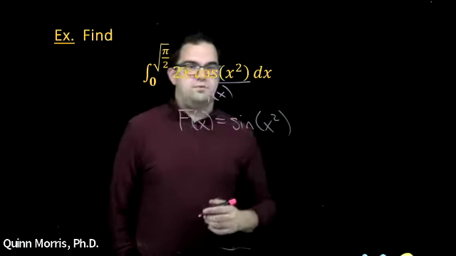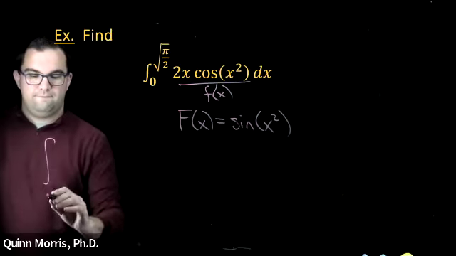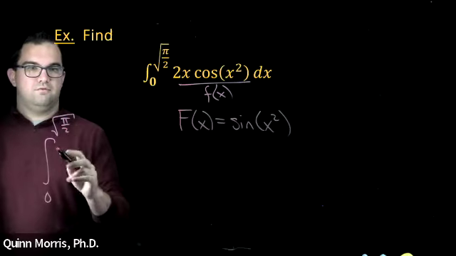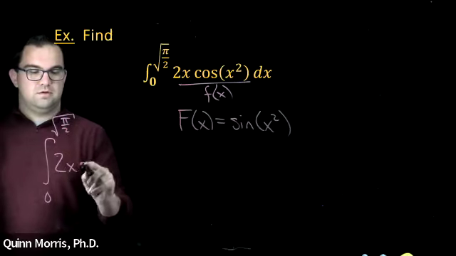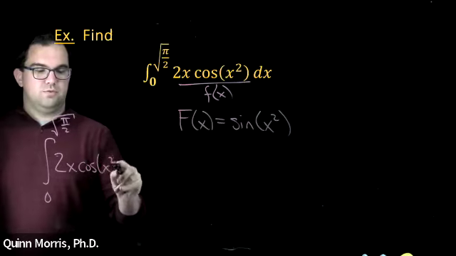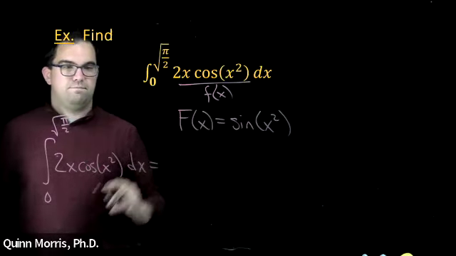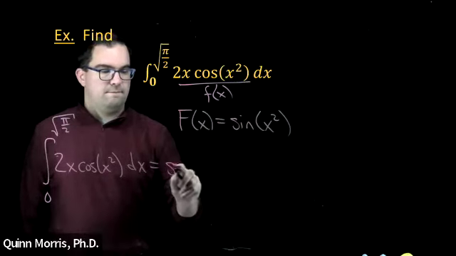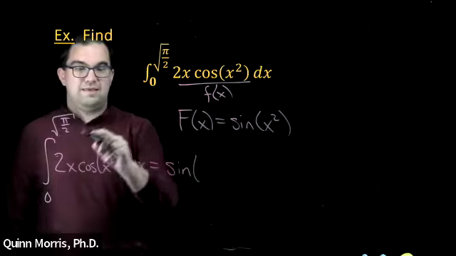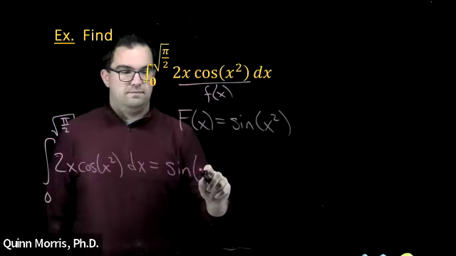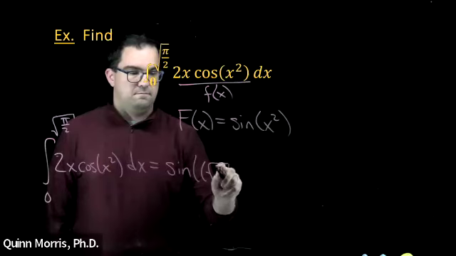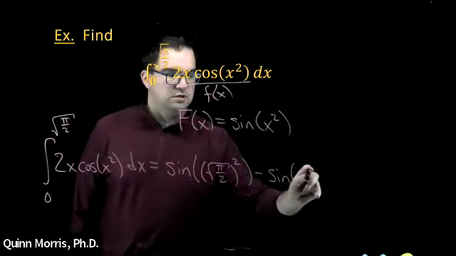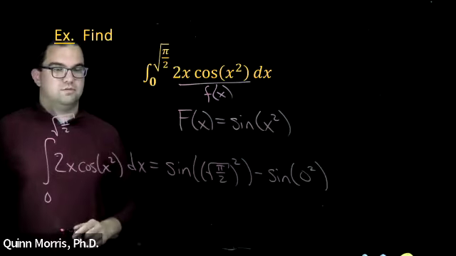So by the fundamental theorem of calculus, this integral from 0 to the square root of pi over 2 of 2x cosine x squared ought to be equal to this antiderivative function evaluated at the upper limit of integration minus this antiderivative function evaluated at the lower limit of integration.